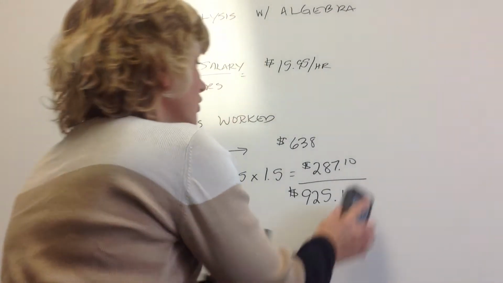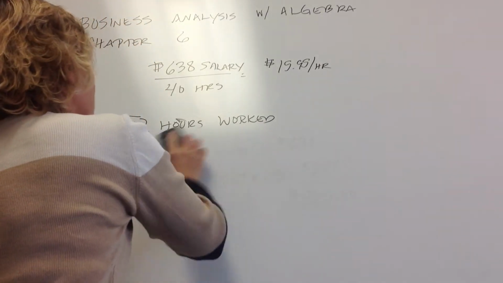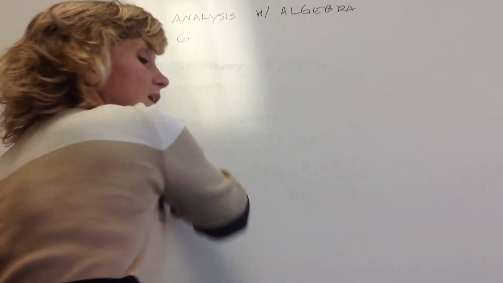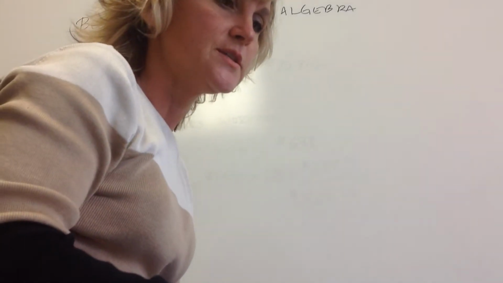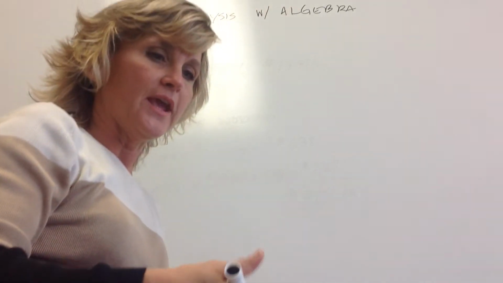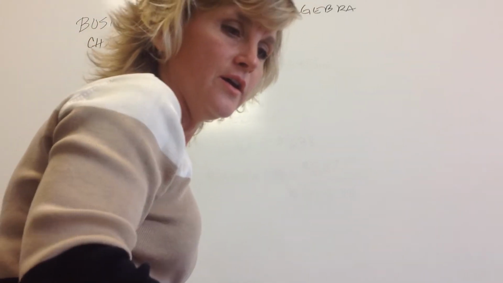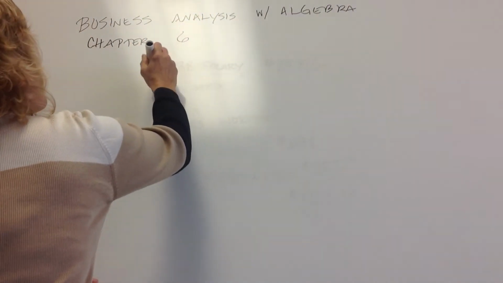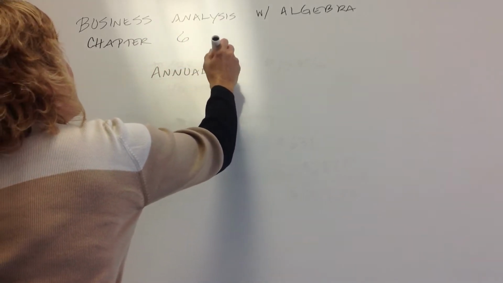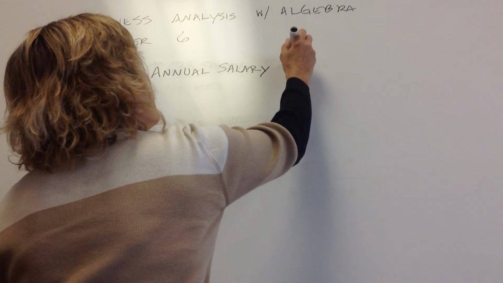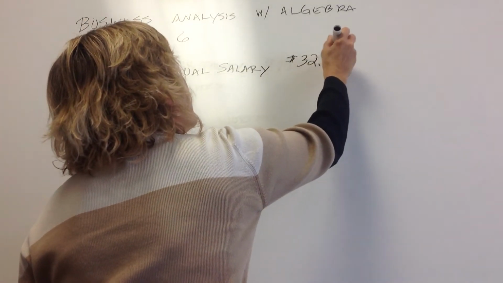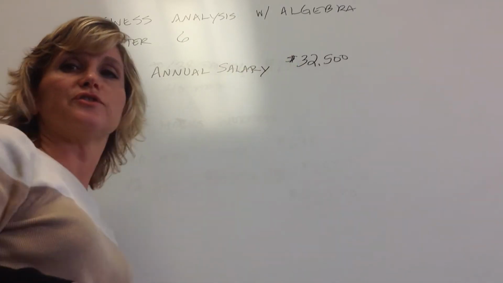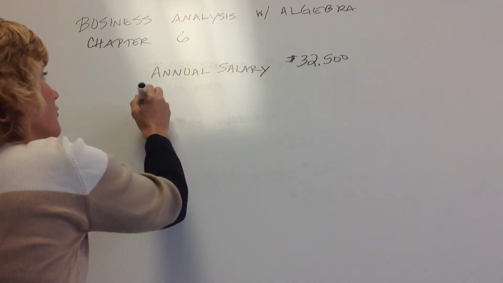Okay, then one other thing you want to know from this section is if you're given an annual salary, you want to be able to convert that into pay periods. So if you have, say, an annual salary of $32,500, and the problem asks, if your annual salary is $32,500, what are you going to get if you're paid weekly?